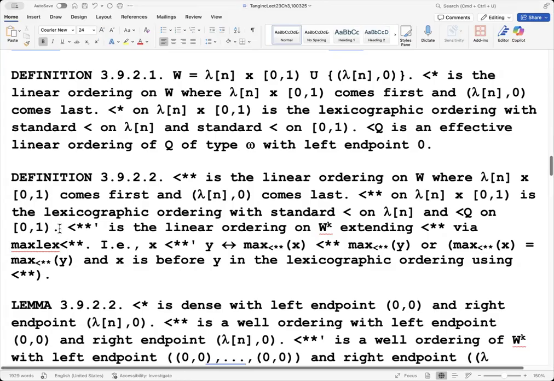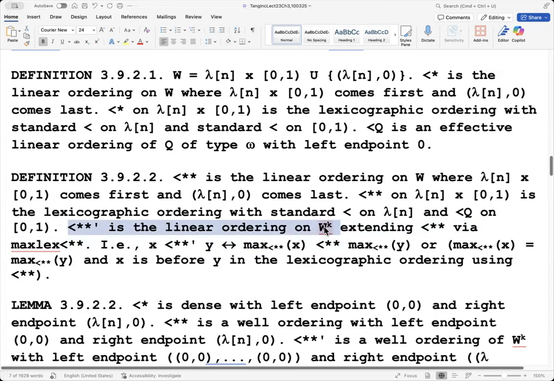Namely, the well ordering is just the same as the dense linear ordering, except the second coordinates are well ordered by less q instead of just being the dense linear ordering on that interval, right? Okay, and then of course I just extended lexicographically.